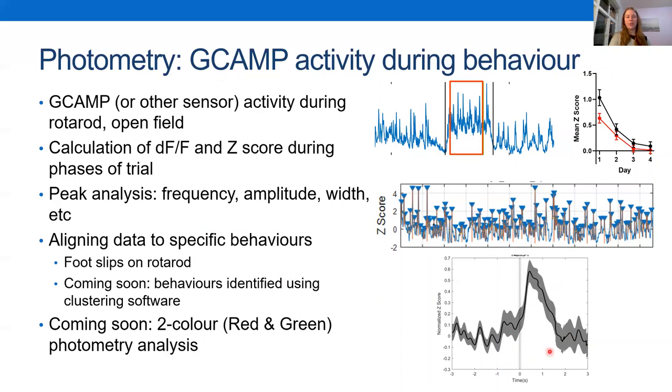So down here, I'm showing an example of the Gcamp activity aligned and averaged over all of the foot slips that this mouse has on the rotarod. And you can see this large increase in activity following the foot slip, or the average foot slips in this mouse. And I'm also going to be uploading data from 2 color photometry experiments as well.